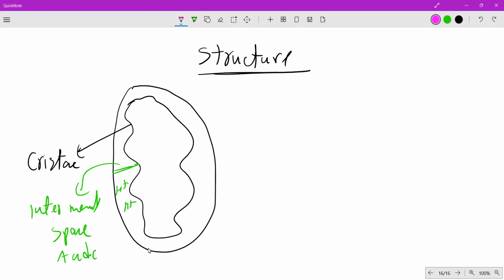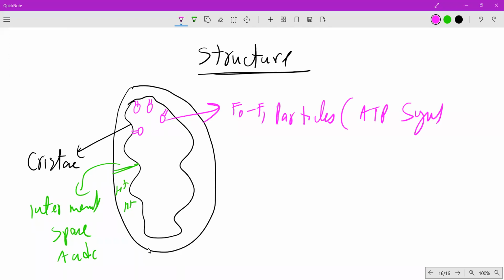Attached to the inner membrane, we have small particles. You know this too. This is the F0, F1 particle. We call them ATP synthase.